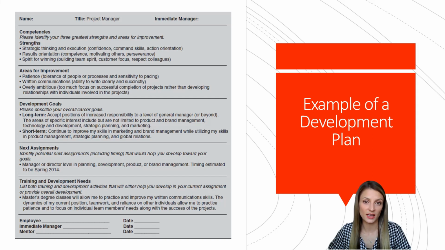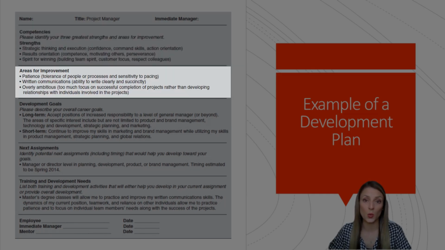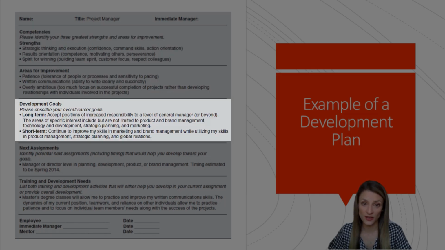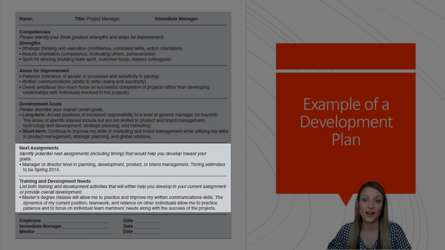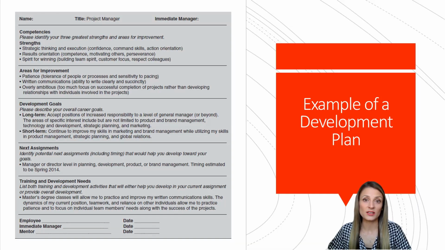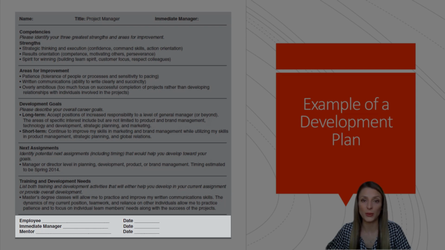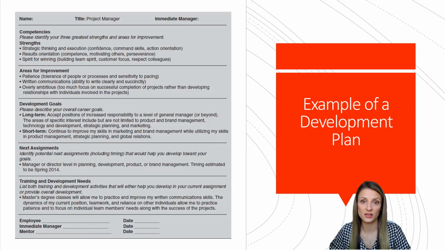While the content in these plans varies, they usually include the employee's strengths, weaknesses, SMART development goals, and their action plan. You can see in the template there's also a space for both the employee and the supervisor to sign the document.